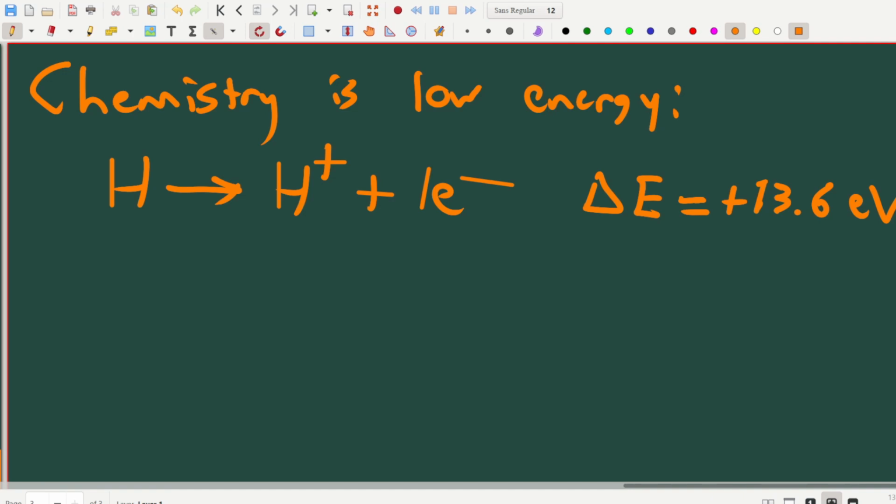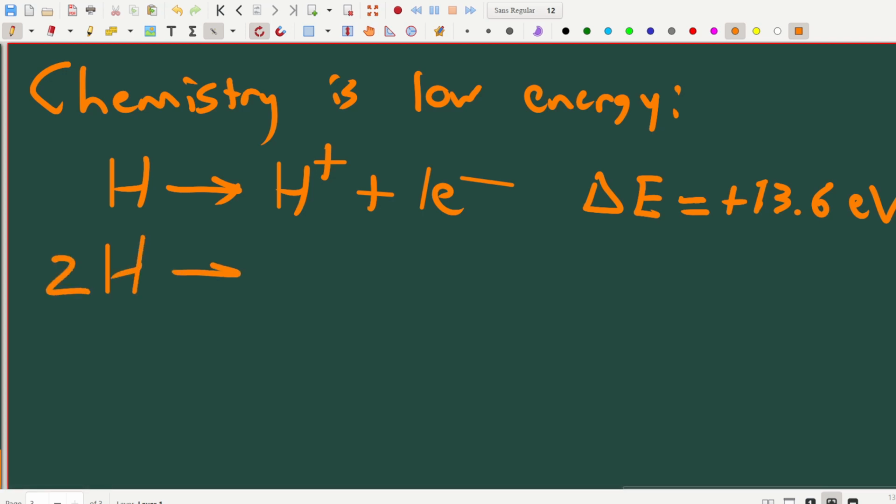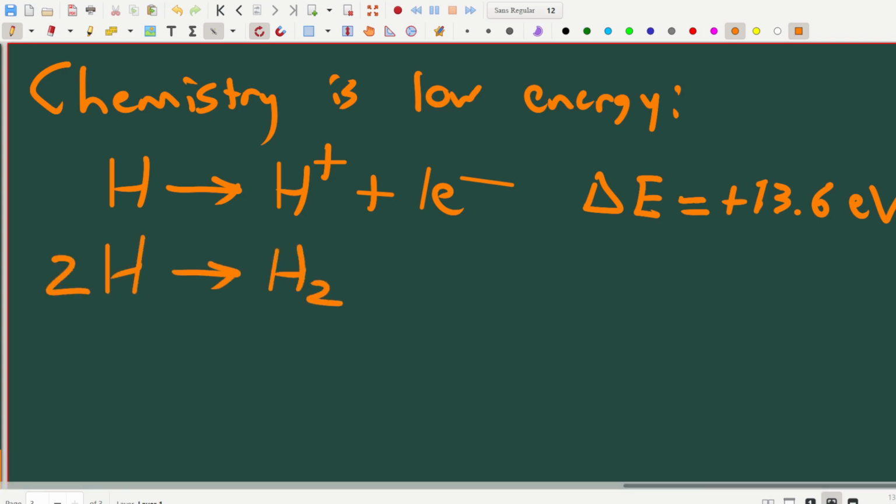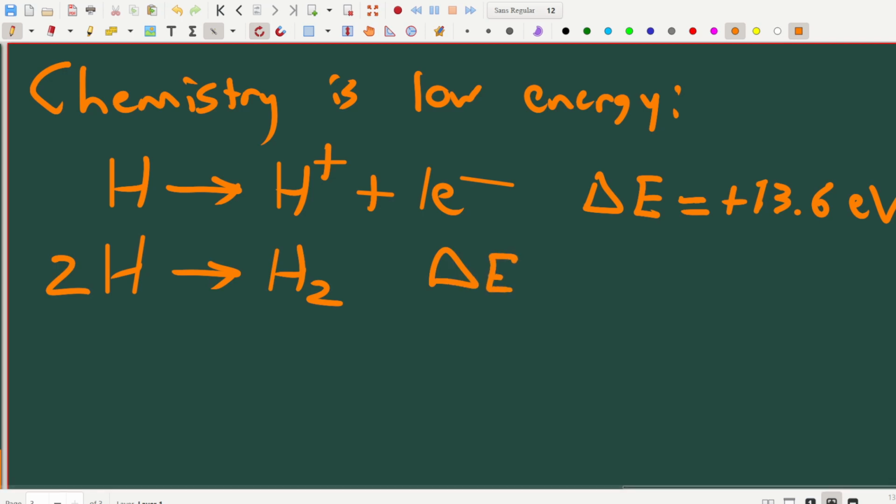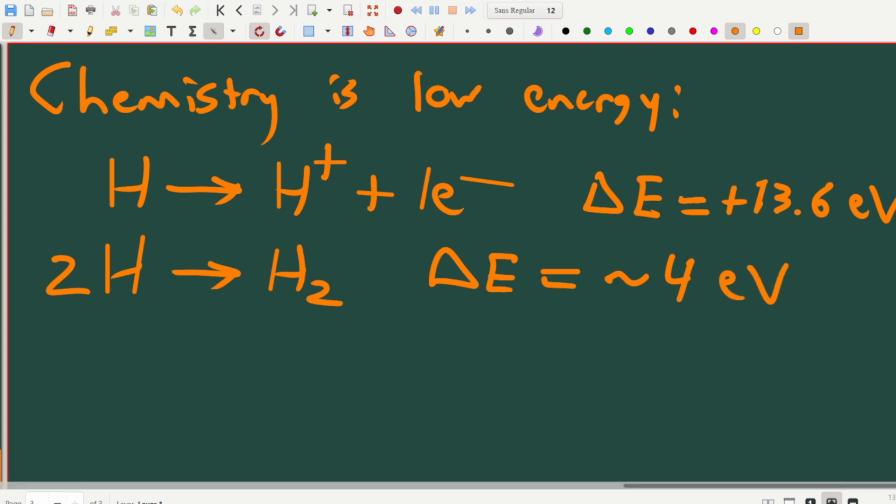Of course, chemistry is a little lower than that. The delta E of forming H2, for instance, is about, I have to double check, but I think it's about minus 4 eV, the bond strength of hydrogen. So this is where chemistry happens. These are the two most fundamental processes in chemistry, the removal of an electron from hydrogen and two hydrogens forming H2.